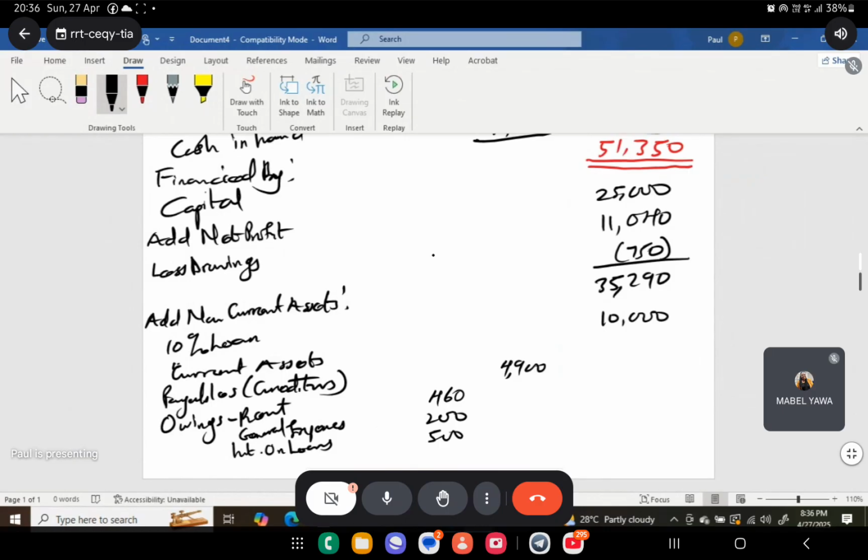So when we add or get the total, which is 1,160.